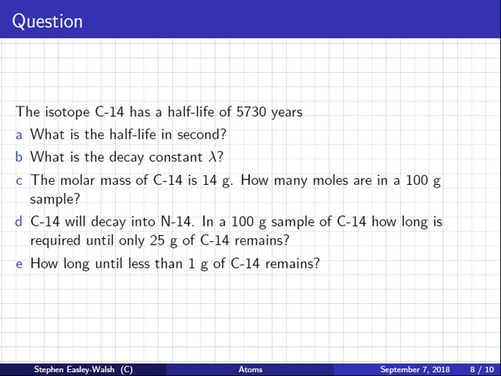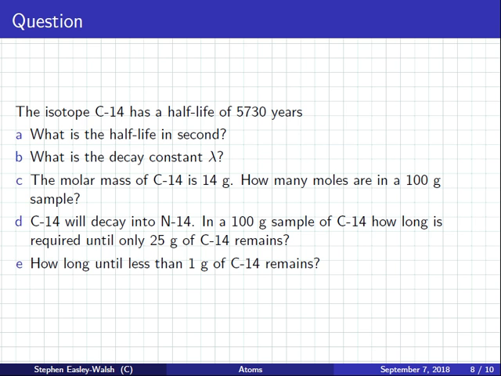It has extra neutrons. Well, why is that so great? Did you ever hear of something called carbon-14 dating? You never heard of this?